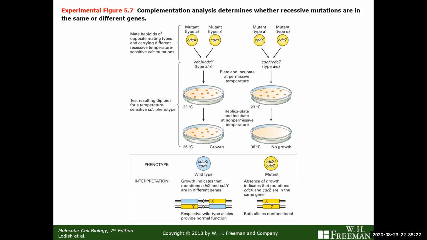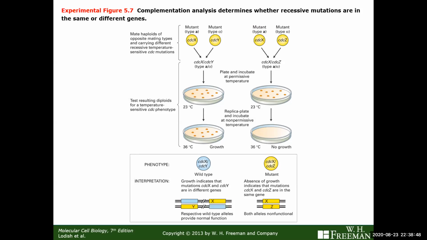So he would name the mutants CDC1, CDC2, CDC3, CDC7, CDC28, like that. So let's keep our life simple: CDCX and CDCY. At this point, Hartwell, me, you, we do not know whether CDCX and CDCY are mutated in the same gene or not.